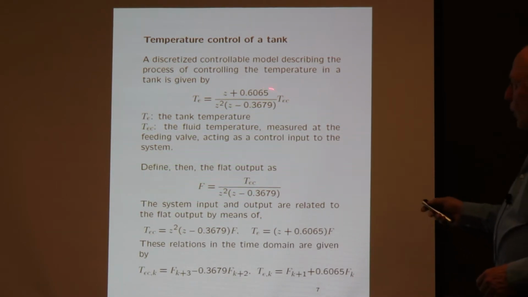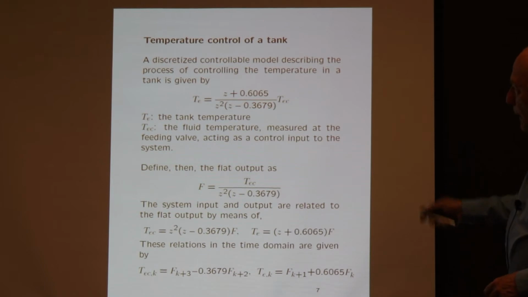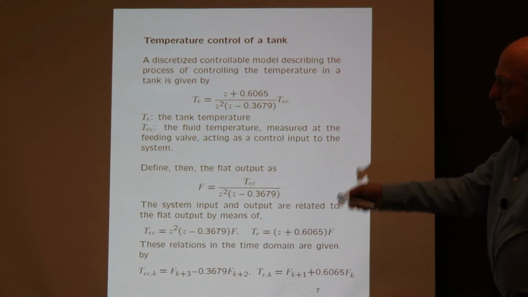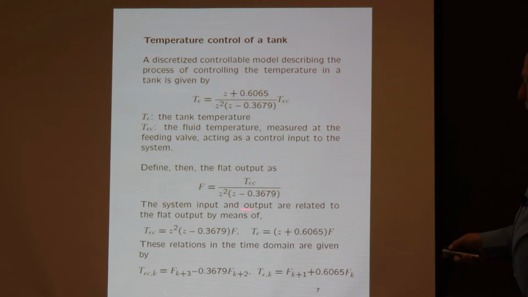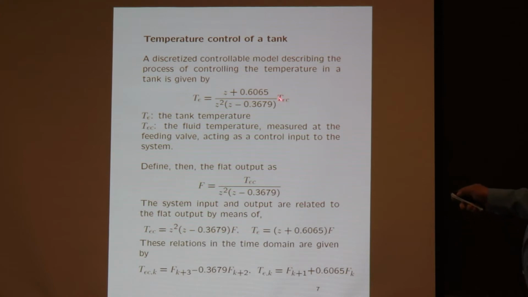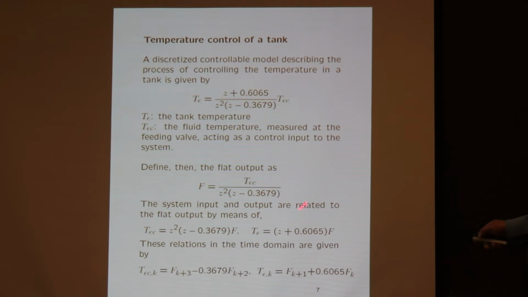And of course, because the numerator and the denominator are coprime, they don't have any common factors, this system should be controllable. And of course, according to this recipe, the characterization of the flat output can be made in terms of the input by means of this quotient. This input divided by this operator will be the representation of the flat output.